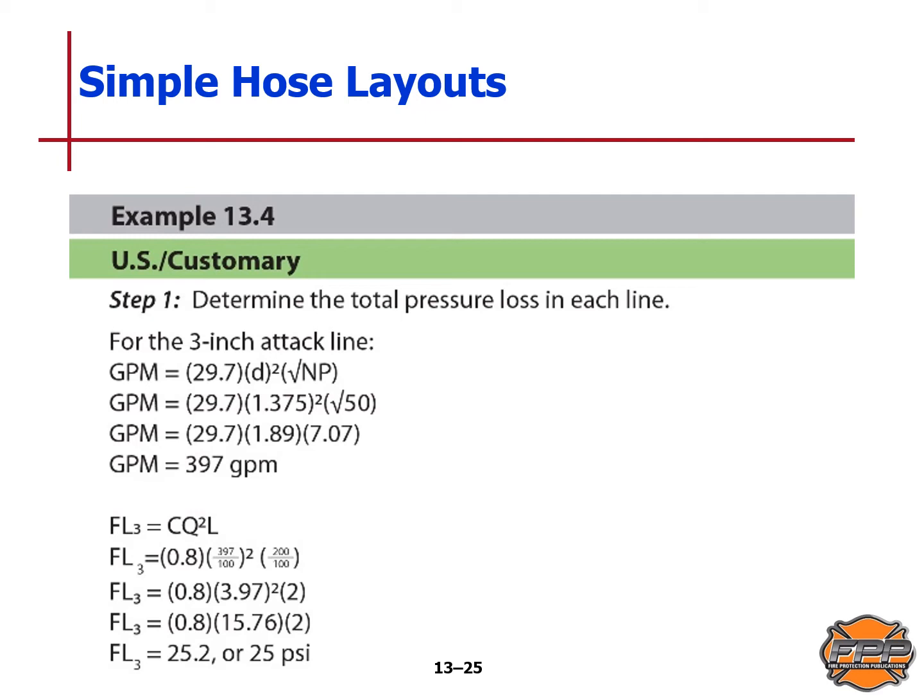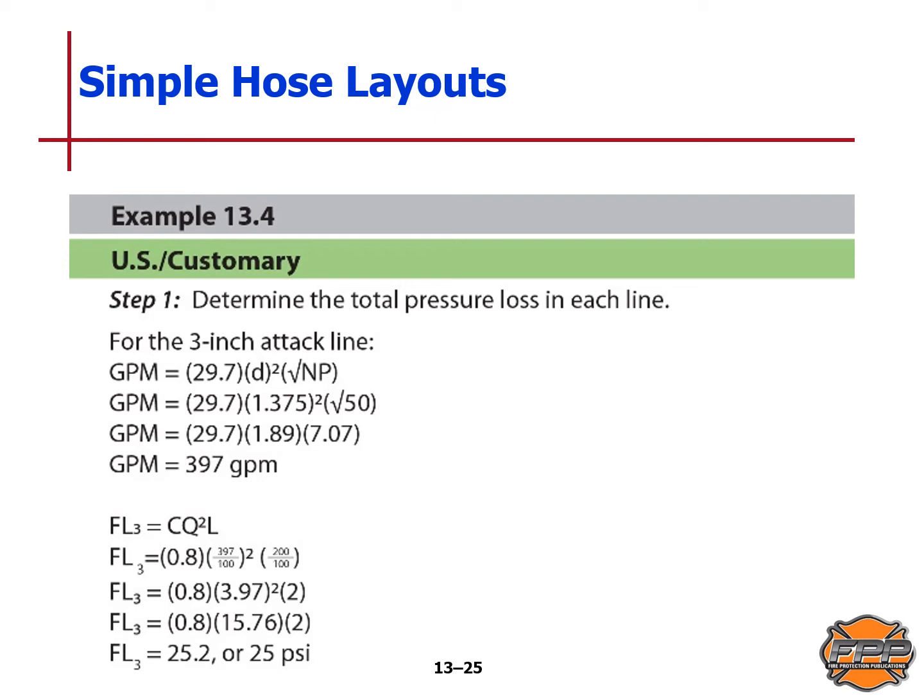Now let's look at the friction loss in the 3-inch line. Friction loss in the 3-inch line equals CQ squared L, there's our formula. So friction loss for the 3-inch line is 0.8, our coefficient, times 397 over 100, that's our flow, squared, times 200 over 100, that's our length.